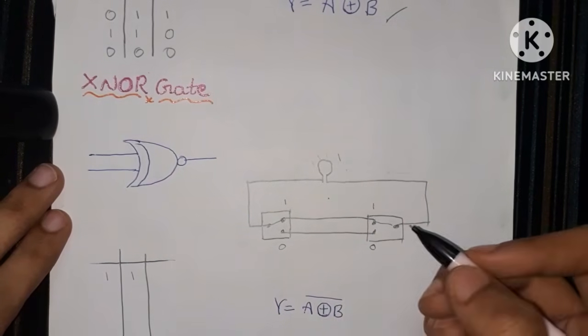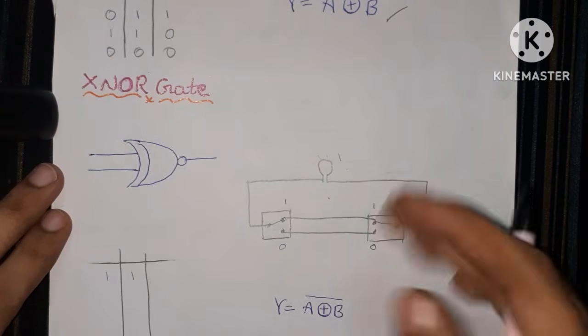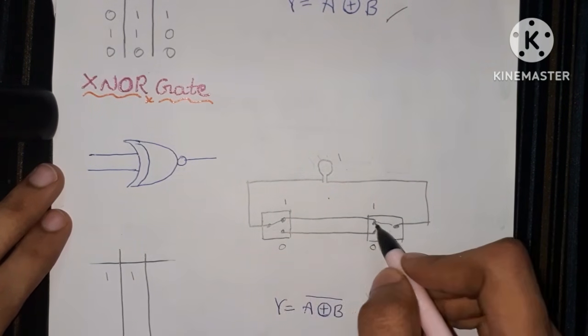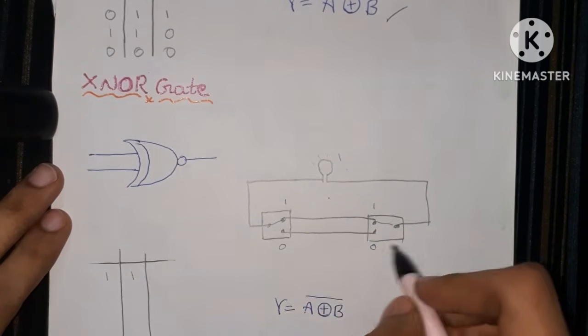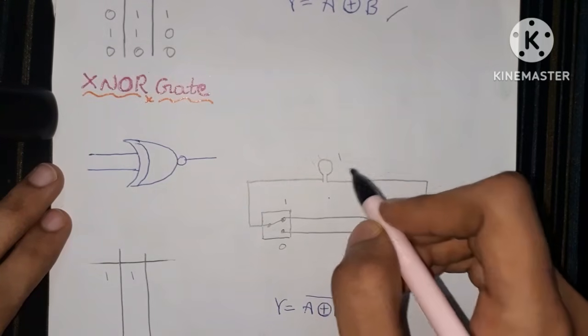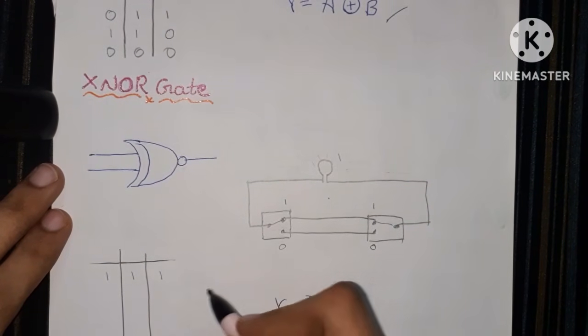If the bulb glows, we have got the output we want. So if the inputs are 1 and 1, the circuit is closed, the bulb is glowing, then the output will also be 1.